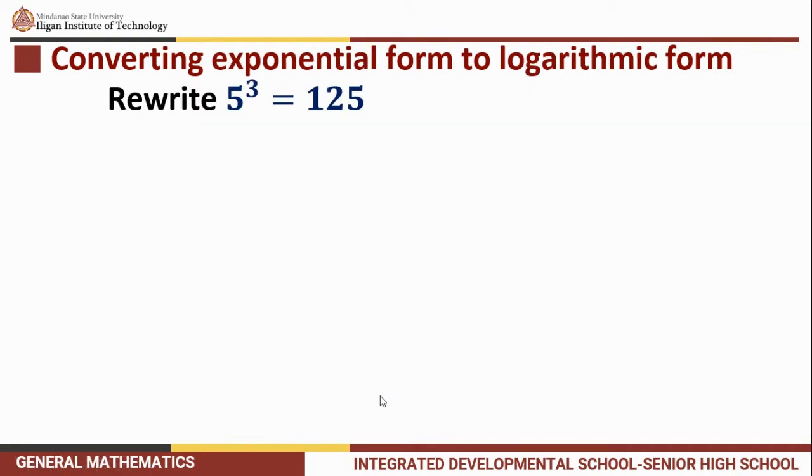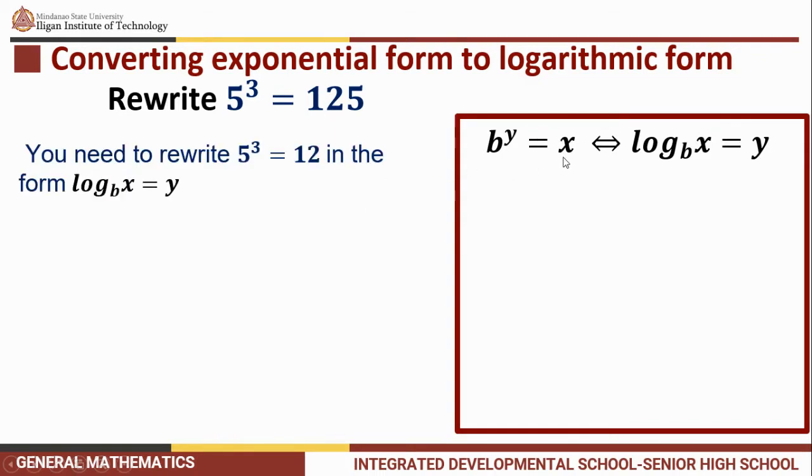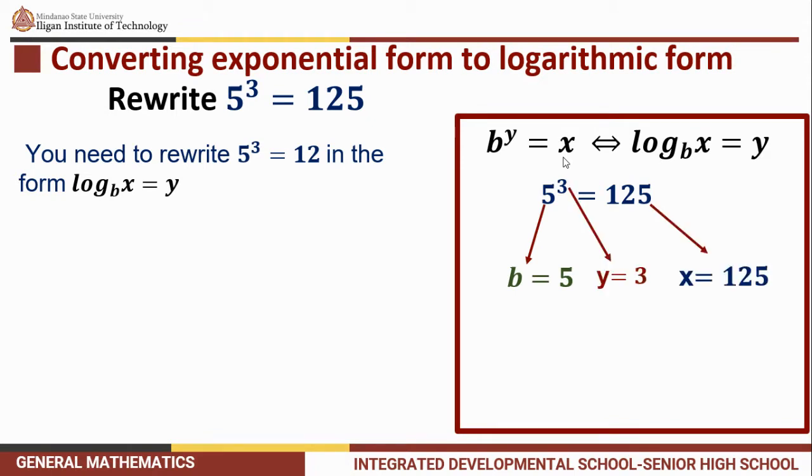Now let's proceed to converting exponential to logarithmic form. For example, we have here 5 cubed equals 125. So we need to use this formula. And we need to rewrite, and find the value of b, y, and x.